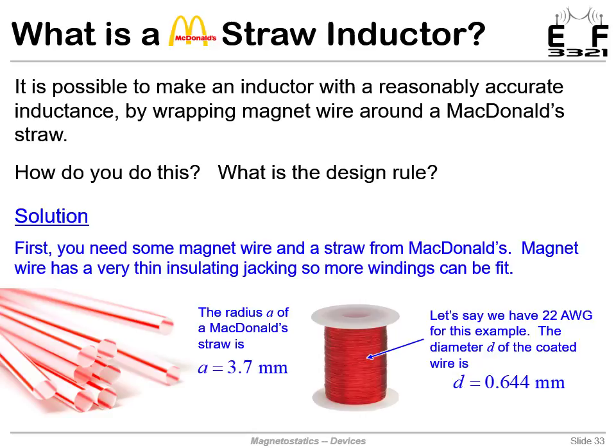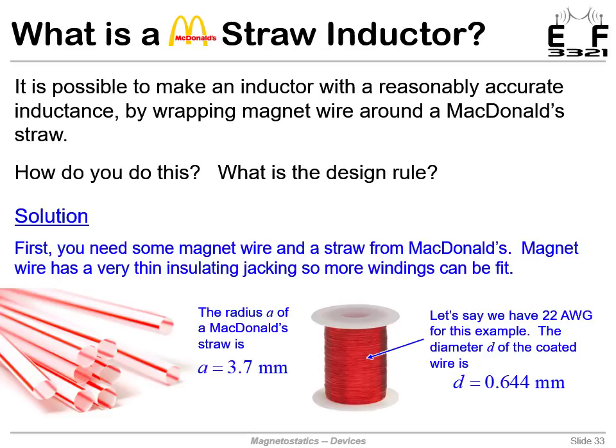Now, what is the difference between magnet wire and regular wire? Regular wire has a very thick insulative coating. It's really meant to be abused and thrown around. Magnet wire is a bit more fragile because the insulating coating is very thin. They're using a thin insulating coating so that you can fit more windings on an inductor.